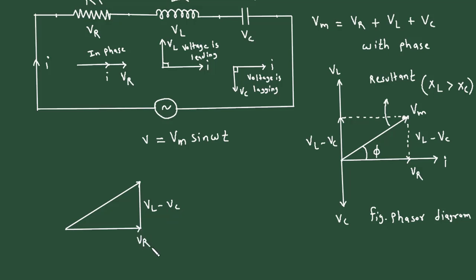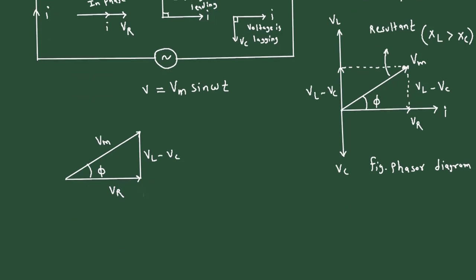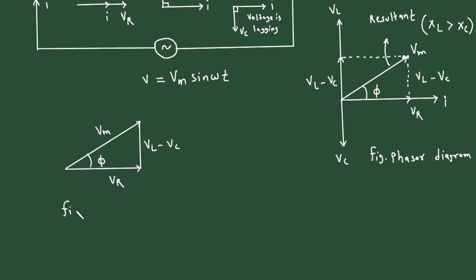This is VR, and this is angle phi, and this is Vm. Now here all the quantities are in voltage form. So we can call it a voltage triangle.